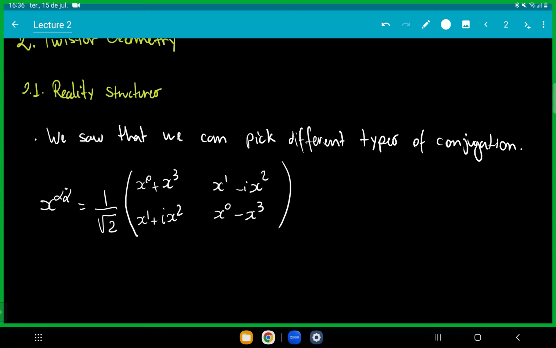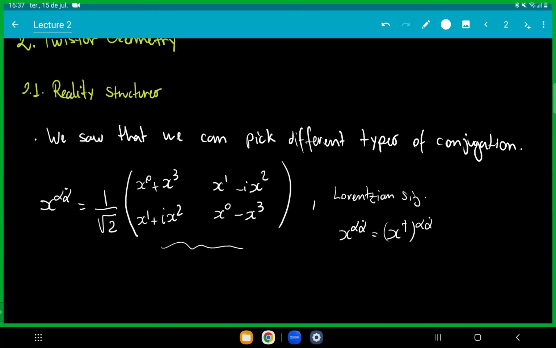I showed you the Lorentzian signature, Minkowski spacetime, if you impose the reality condition in which this x alpha dot is equal to the transpose conjugate of this. So you take this matrix, take the complex conjugate, the usual notion that we have, then take the transpose, and enforce that these are the same.